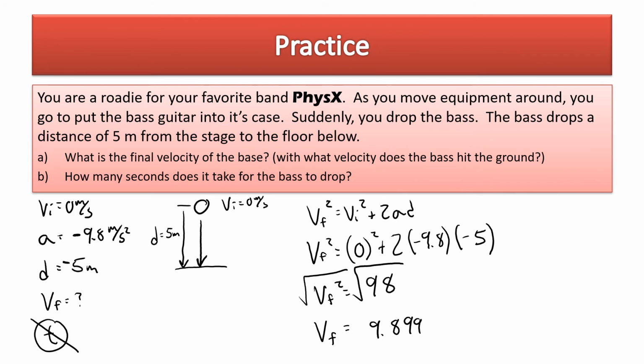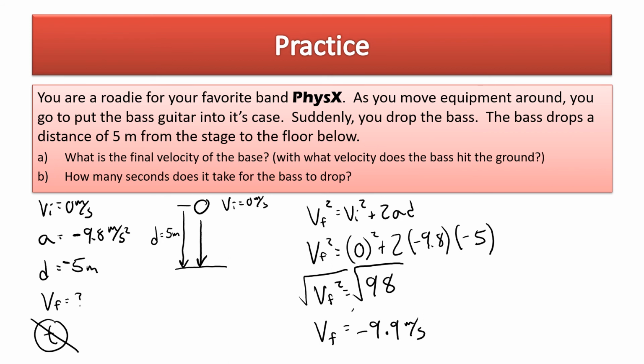We'll just call it positive 9.9 meters per second. Or don't forget, negative 9.899 times negative 9.899 will still get you positive 98. So when you take the square root, you could still get a negative number. You choose to make it positive or negative.